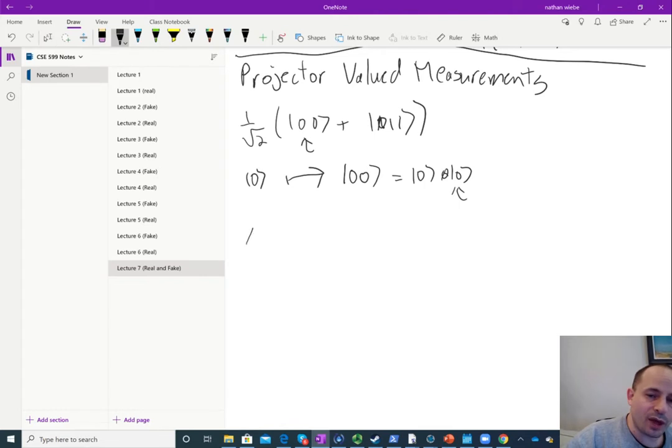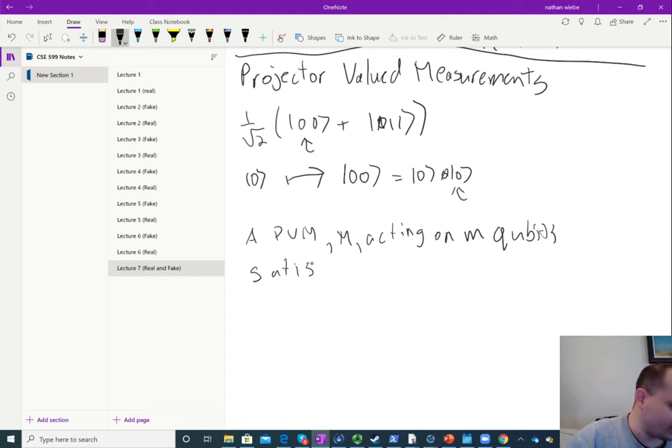Okay, so a PVM M acting on m qubits satisfies the following. We'll let phi_p be a set of orthonormal vectors.